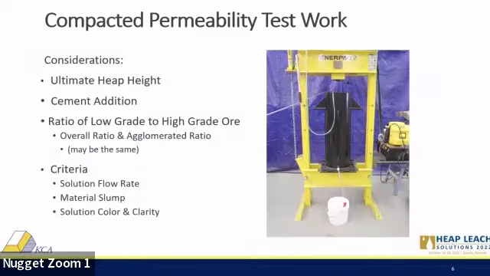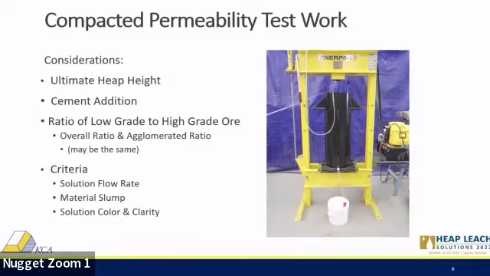So getting into a little bit more of the details on some of this, once you've established a baseline of what your crush size and grind sizes are going to be, the next thing is determining what your compacted permeability is to ensure that you have a stable functioning heap.